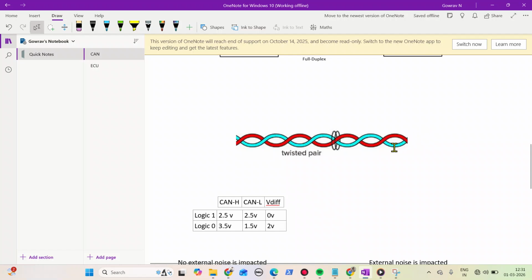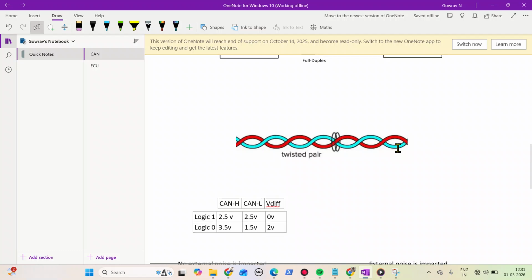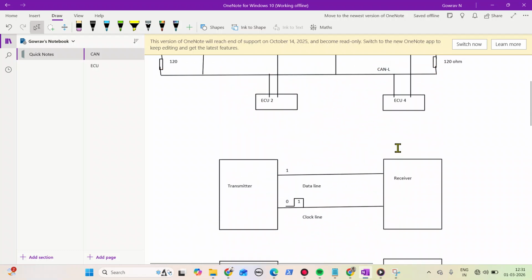It is not using that voltage. Whenever some voltage is present in the wire, some load should be there to absorb that voltage. Am I right? If there is no load to absorb it, that voltage will remain in the wire only. Someone has to use it somewhere. So that load is nothing but this resistor.